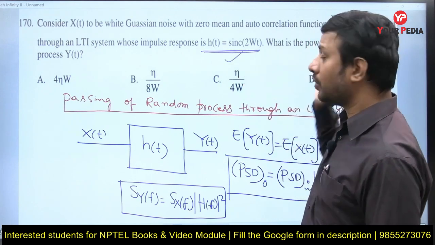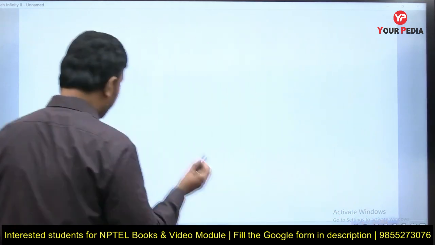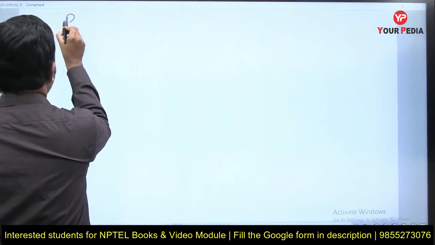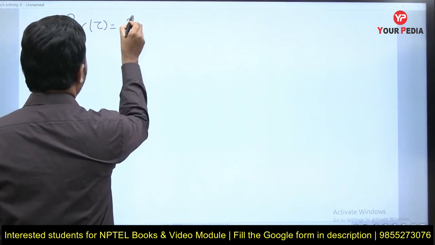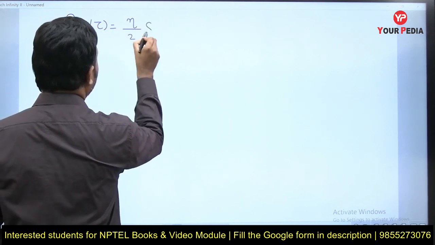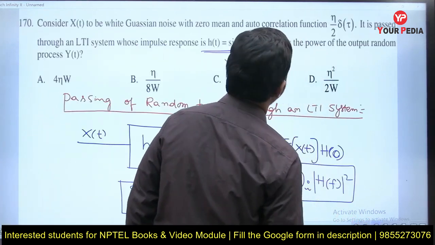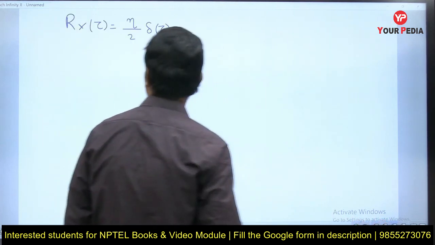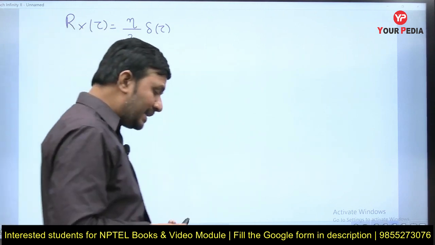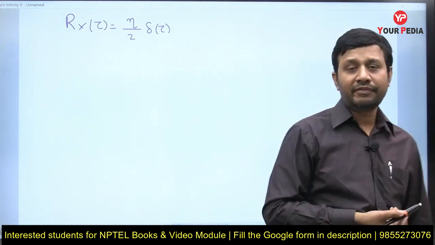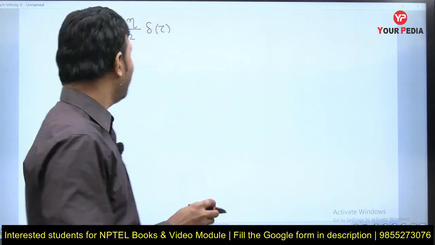Now the input autocorrelation function is given. In our problem, Rx of tau is eta by 2 into del of tau. Can you find the input power spectral density? What is the relationship between autocorrelation function and power spectral density? They form a Fourier transform pair.